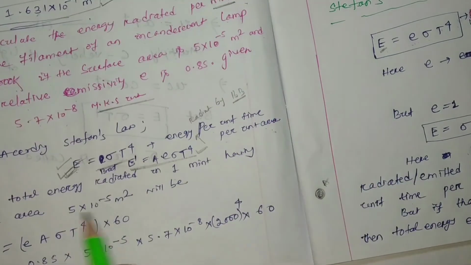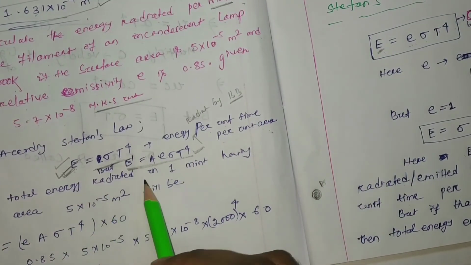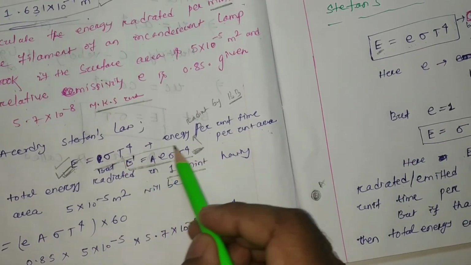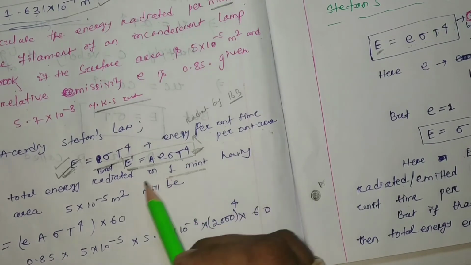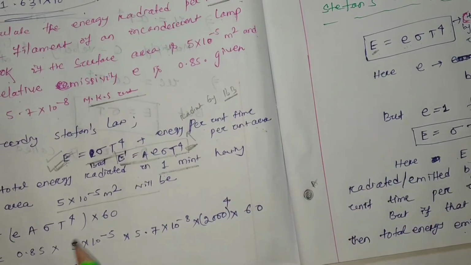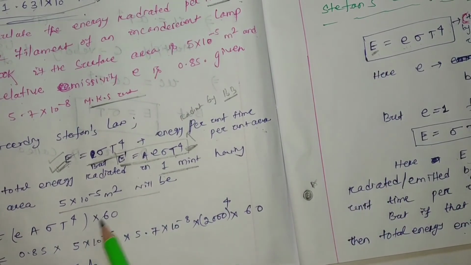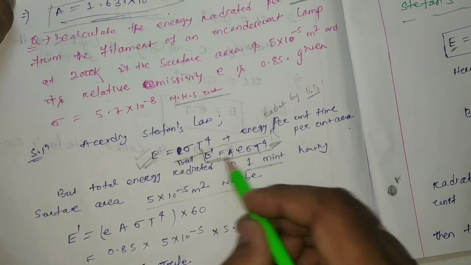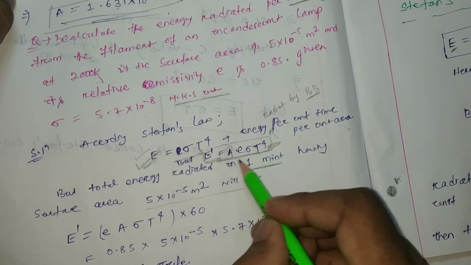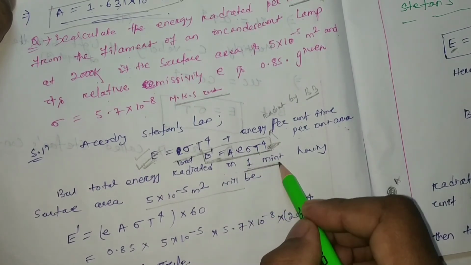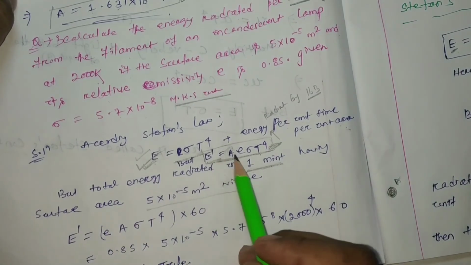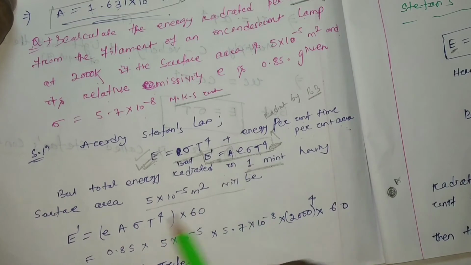But for the total energy radiated in 1 minute, this is the radiation in 1 second. Unit time means 1 second, but in 1 minute, having this surface area, it will be multiplied by 60, because in 1 second through area A this is the energy radiated by any body. So in 60 seconds, E dash will be A e sigma T to the 4 into 60.